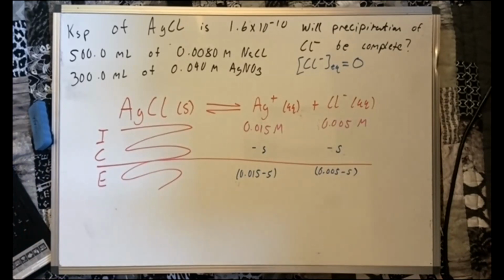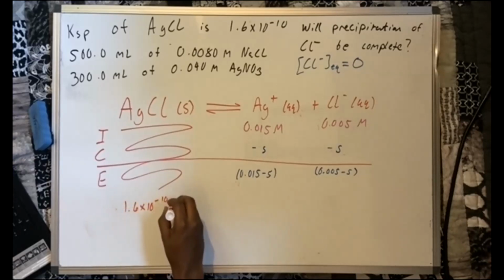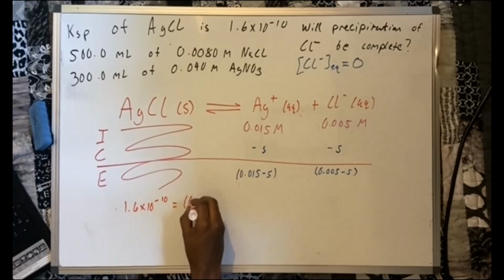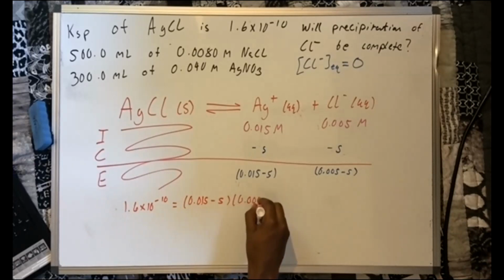And then now I do my K, so I get that 1.6 times 10 to the negative 10 equals my 0.015 minus S times my 0.005 minus S. Okay.